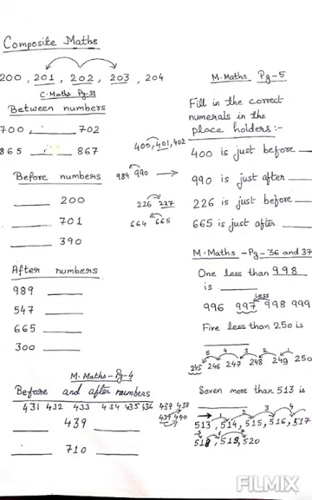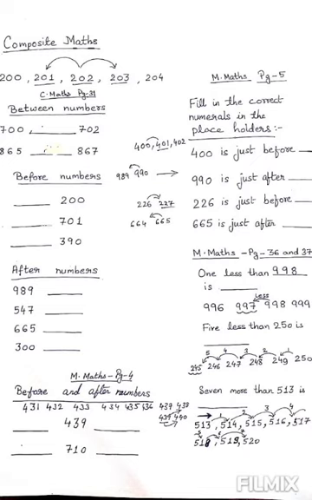Suppose we start counting from 430, 431, 432, 433, 434, 435, 436, 437, 438, 439 and 440.